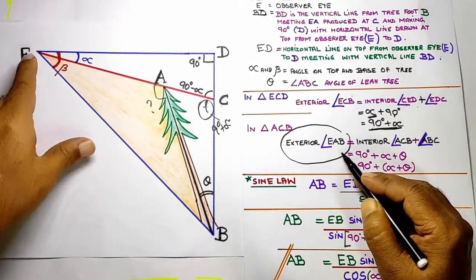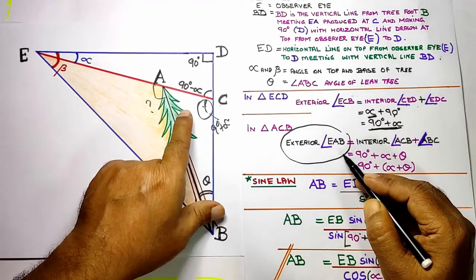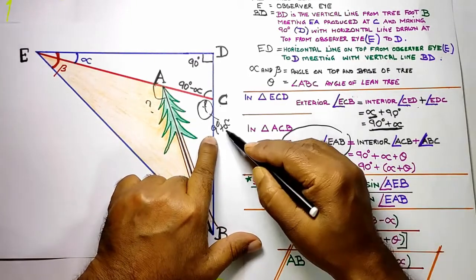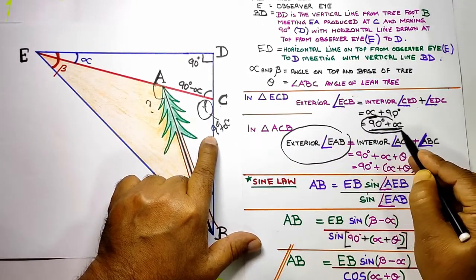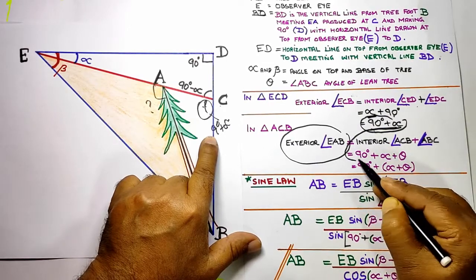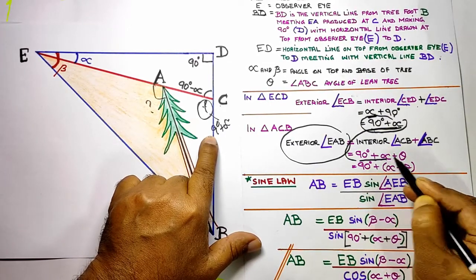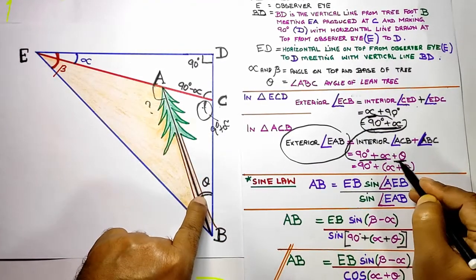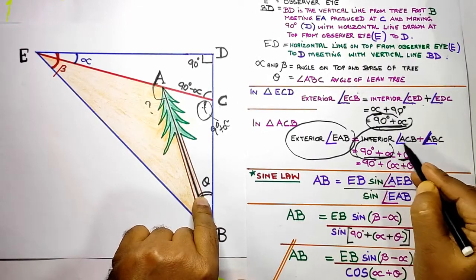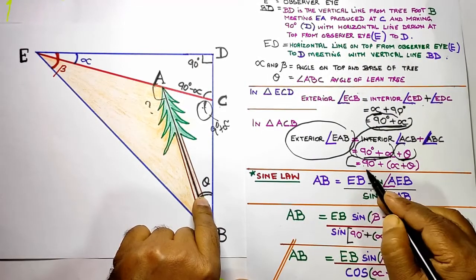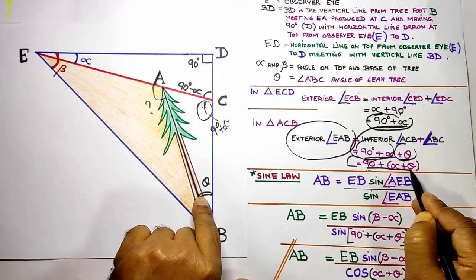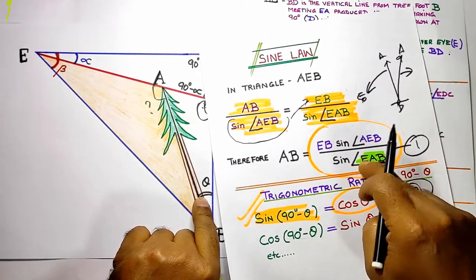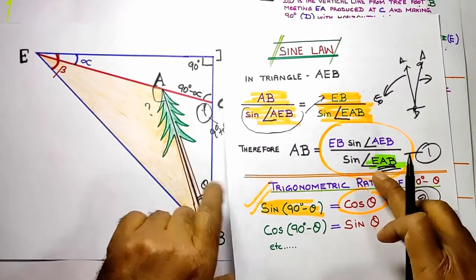ACB, I just told you this one: 90 plus alpha. ABC is theta. So the two interiors are added, and we get 90 plus alpha plus theta, which goes in the bracket. So we got EAB.